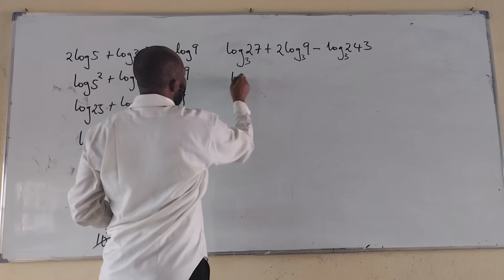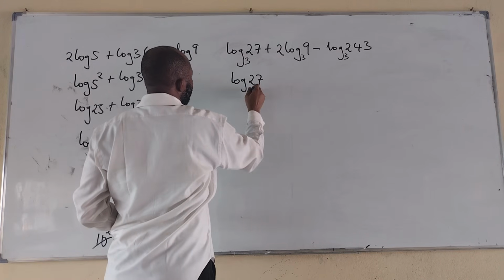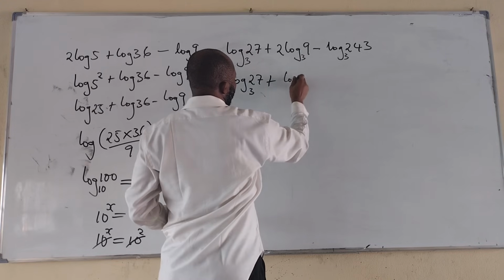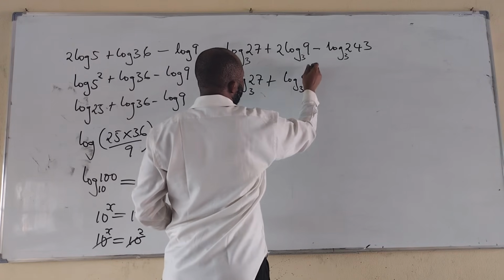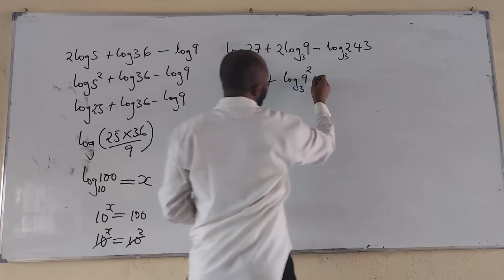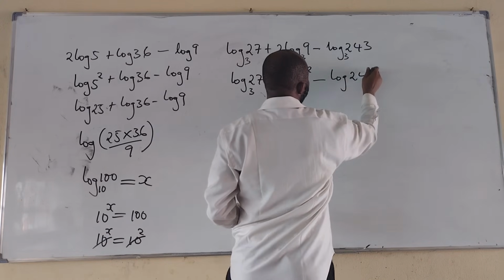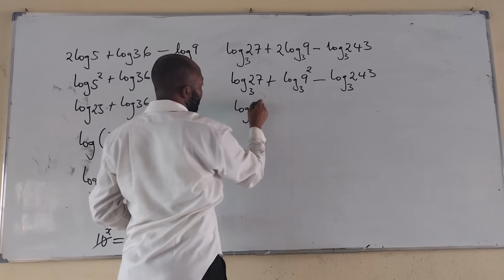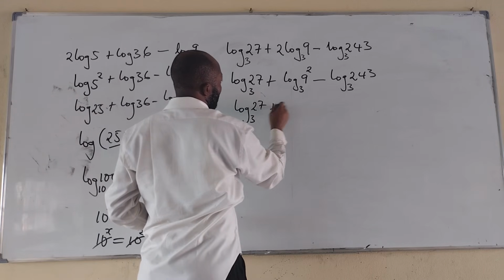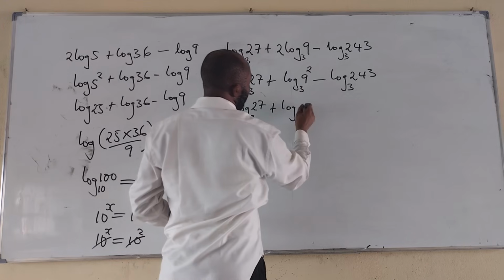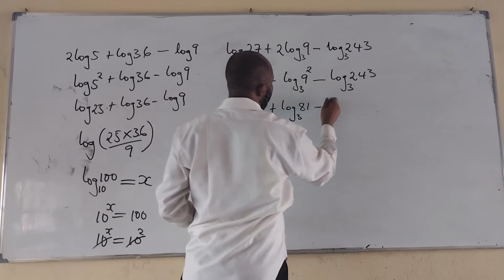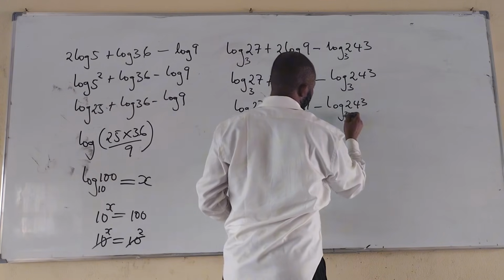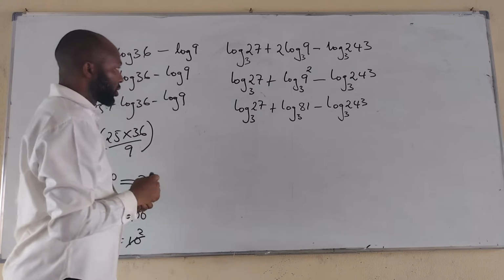This is the same thing as log 27 in base 3 plus the 2 will go back as power, log 9 in base 3 raised to the power 2, minus log 243 in base 3. This is the same thing as log 27 in base 3 plus log 9 squared, which is 81, in base 3 minus log 243 in base 3.